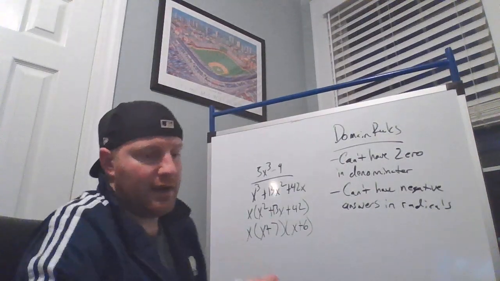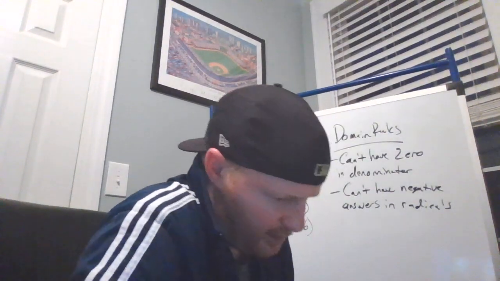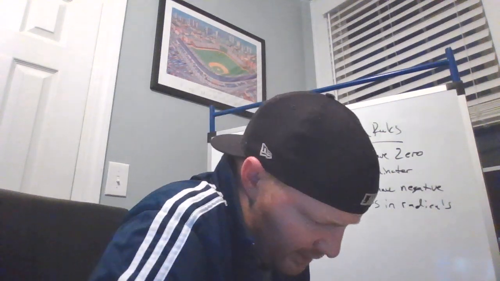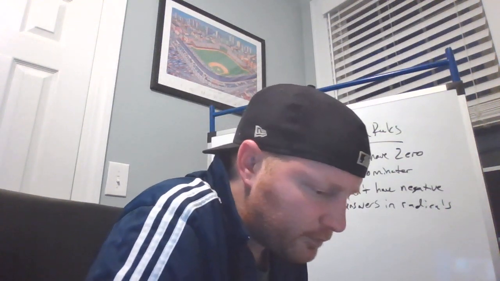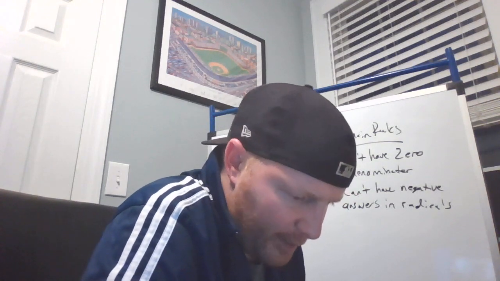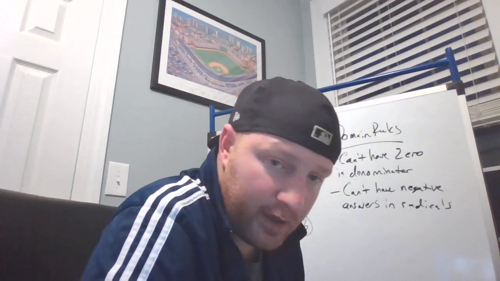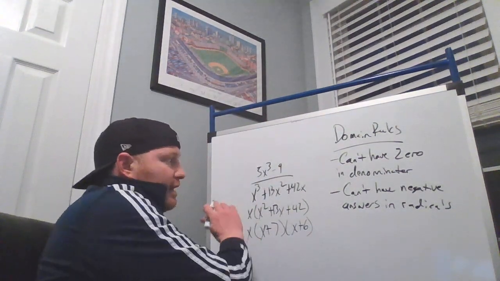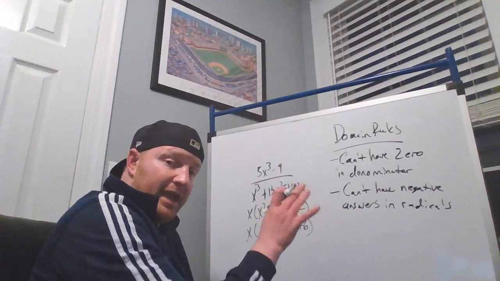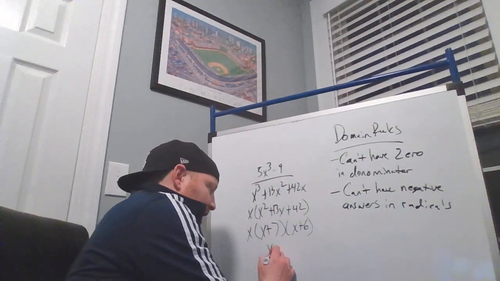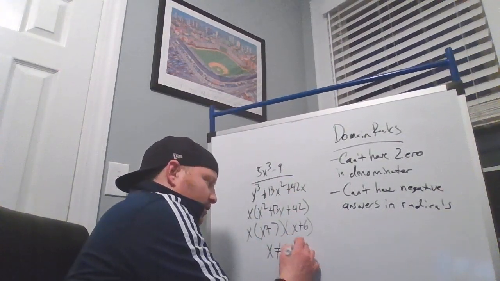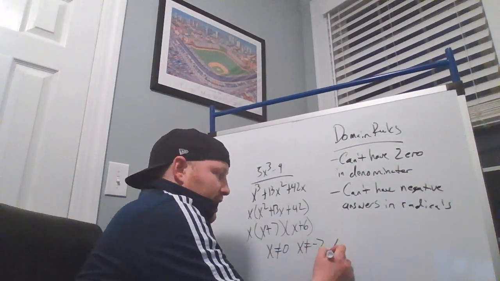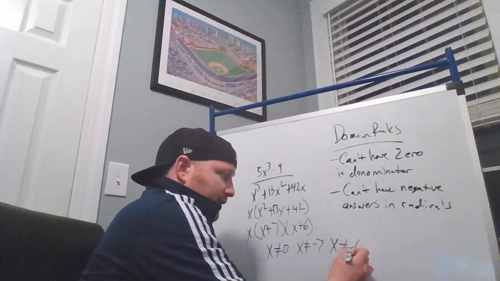I spoke to one of your peers tonight, and his questions helped me answer this. Damon said, find out what makes the denominator 0 so that we know what it can't be. So I know my domain can be all real numbers, negative and positive numbers, but x cannot equal 0, x cannot equal negative 7 because that makes this 0, and x cannot equal negative 6.